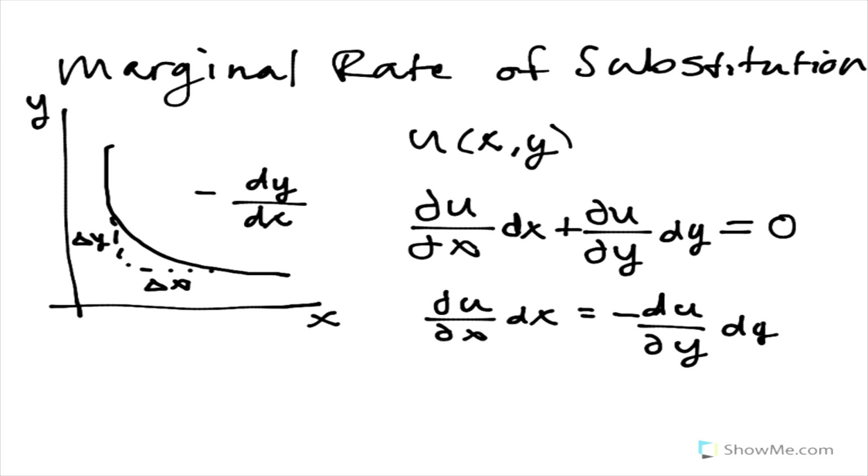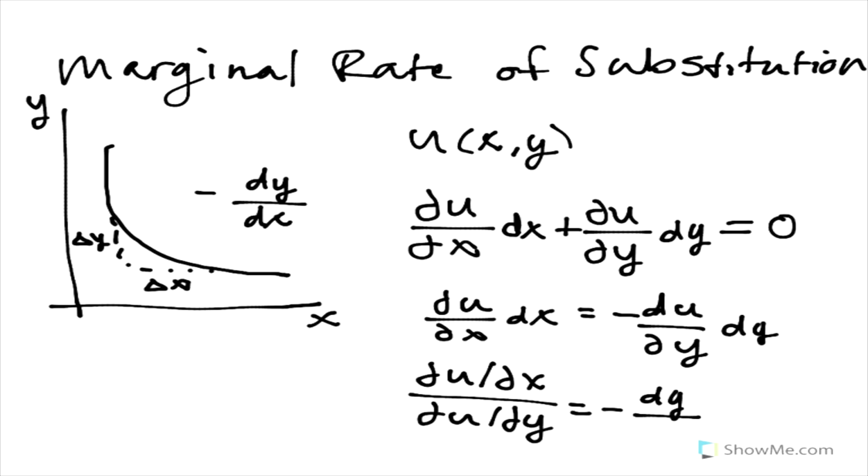Now I can divide the dx from both sides and divide by ∂u/∂y, and I'm going to get ∂u/∂x divided by ∂u/∂y is equal to negative dy over dx, which, like we said earlier, is the slope of this indifference curve. So if we're given a utility function, say utility of x, y equals x times y, we can find the marginal rate of substitution by taking partial u with respect to x divided by partial u with respect to y.